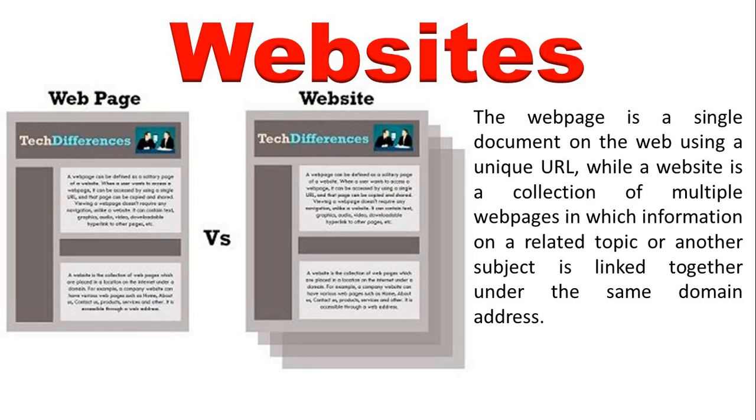That means a website is a collection of all web pages, and all the web pages are linked under the same domain. If you go and click amazon.com, in amazon.com you will have multiple web pages, but first we access the domain, that is amazon.com, and then by clicking on several menus we can visit different other web pages. So I hope you have understood the basic difference between a web page and a website.